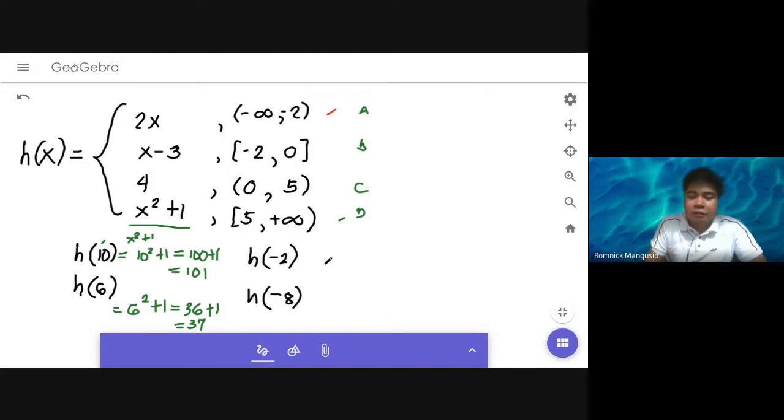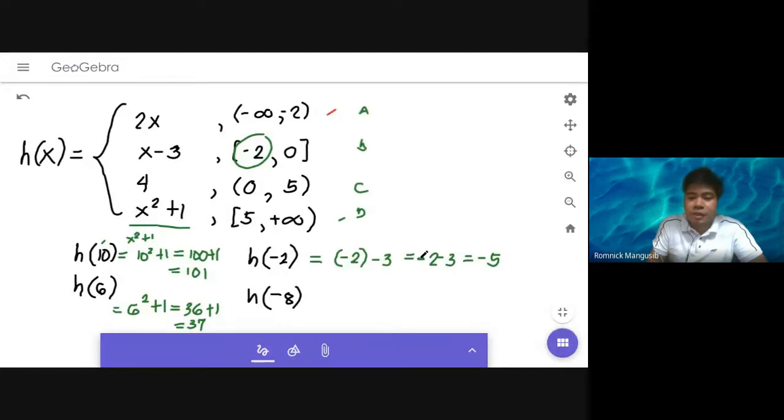Okay, for h of negative 2, you are going now to identify to what interval does negative 2 belong, and it is found here. So it's letter B. So use x minus 3. So that will be negative 2 minus 3 is equal to negative 2 minus 3. Here you have negative 5.